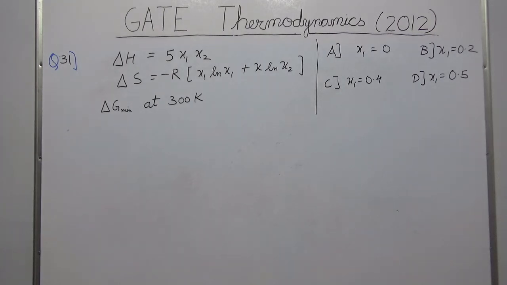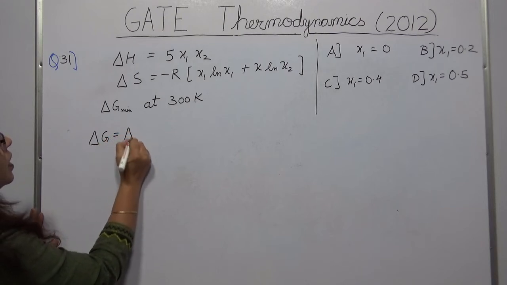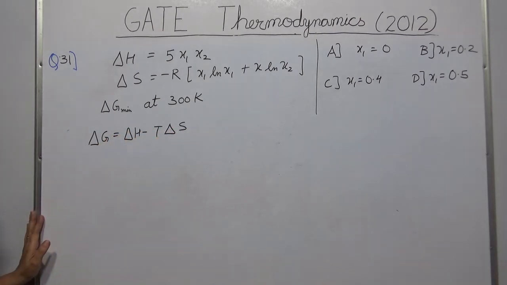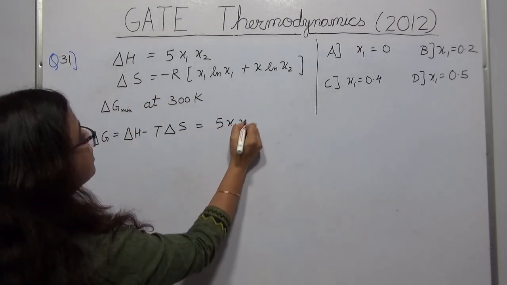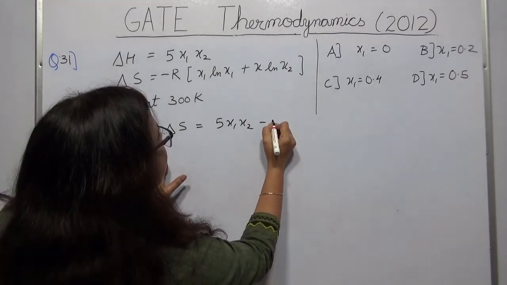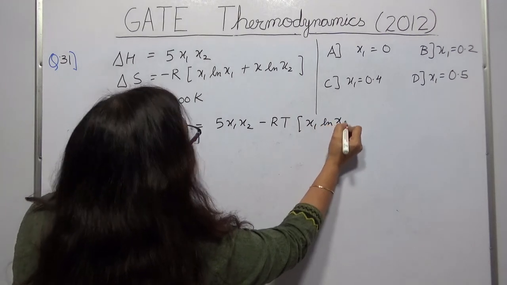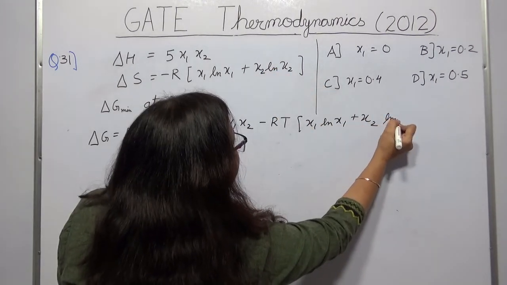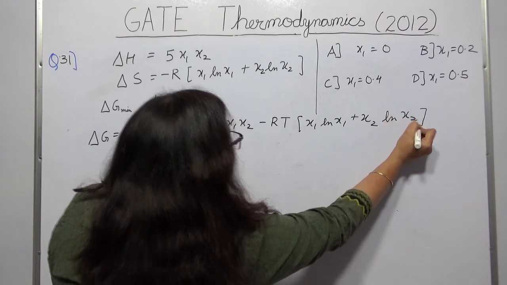So in this case, you know that your delta G will be equal to delta H minus T delta S. Plugging in these values, what you get is 5 x1 x2 minus T delta S, so minus R times T times x1 ln x1 plus x2 ln x2.